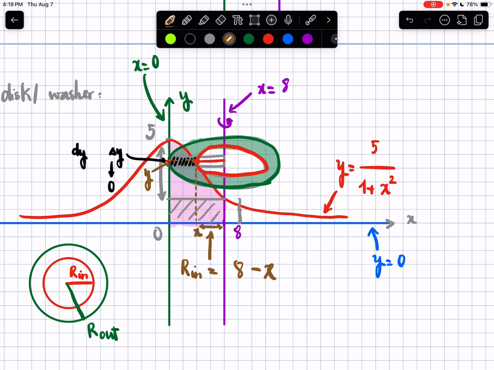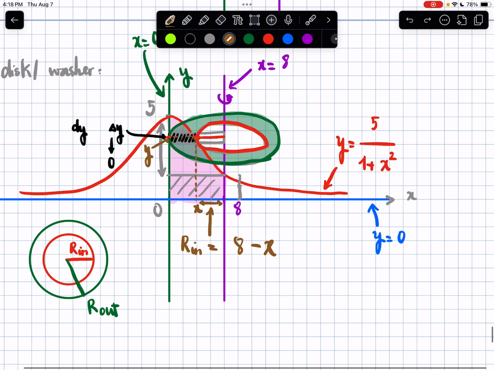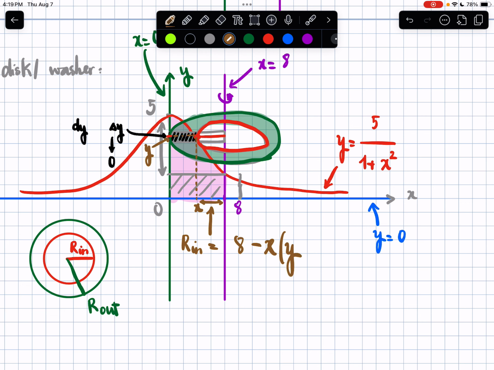We need to compute this in terms of y because we are doing dy. We are given this red curve as y as a function of x. Now we need to solve for x in terms of y. So find x as a function of y.